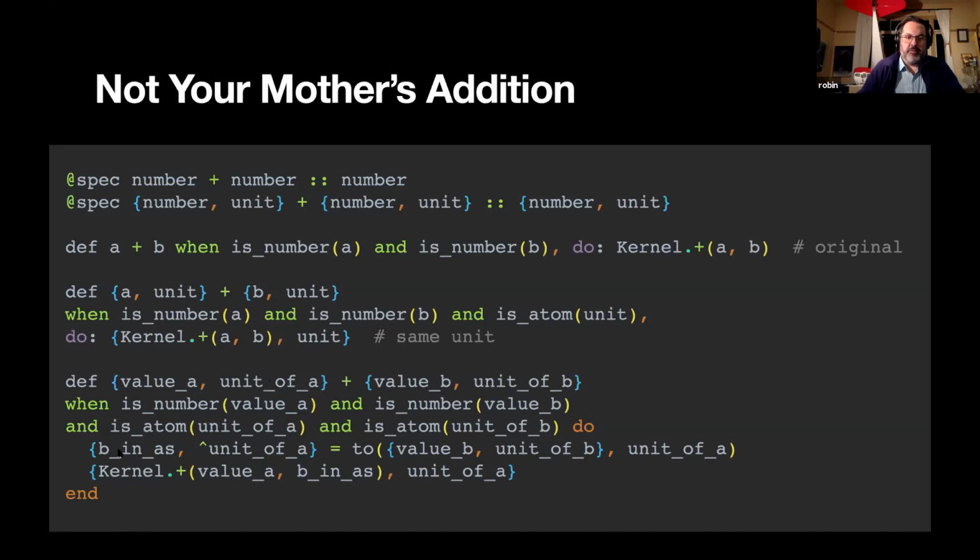Then what we say is we want to get our B value in A. So we're going to translate the B value into the units of A using 2. And then once they're both in the same unit, we'll just do exactly the same as we did in the previous one. So the rule for plus is that we'll use the units of whatever the first value is, the left-hand argument to plus.